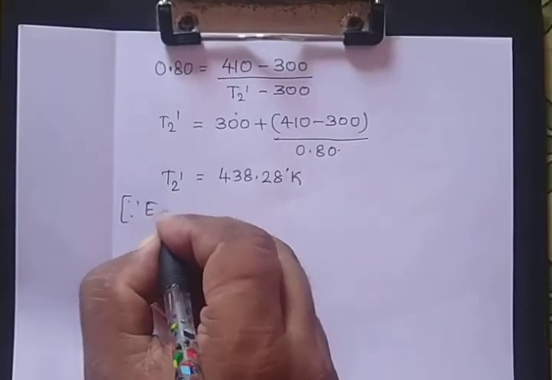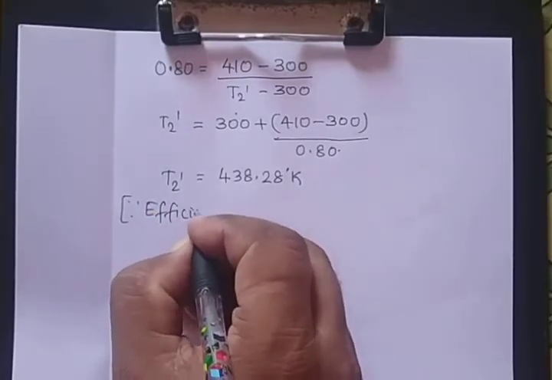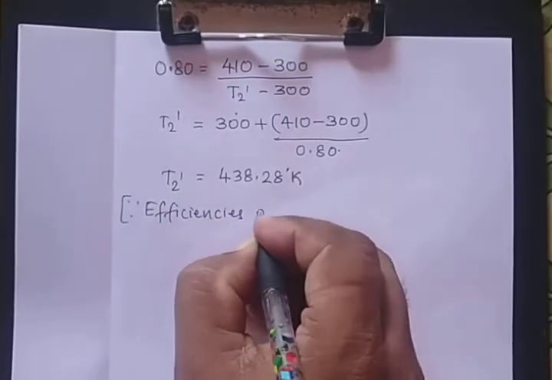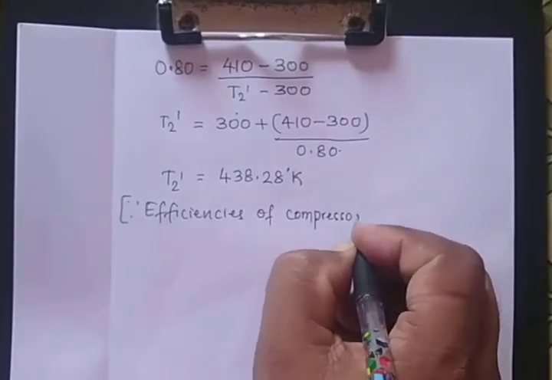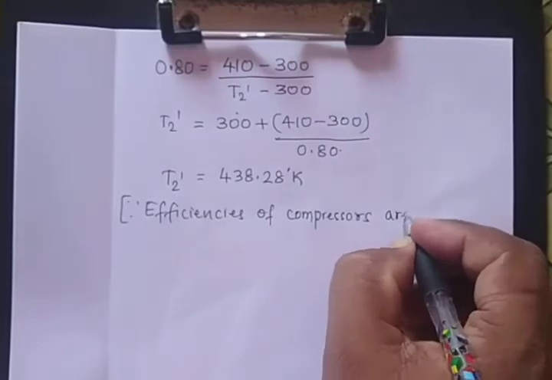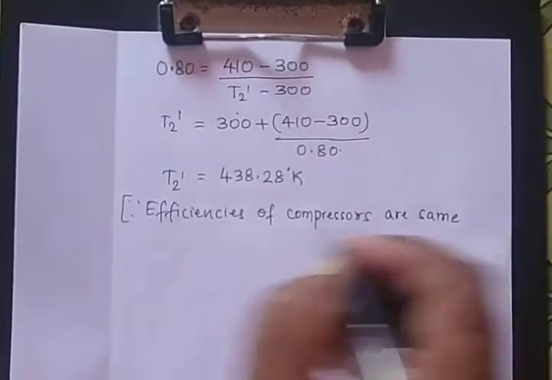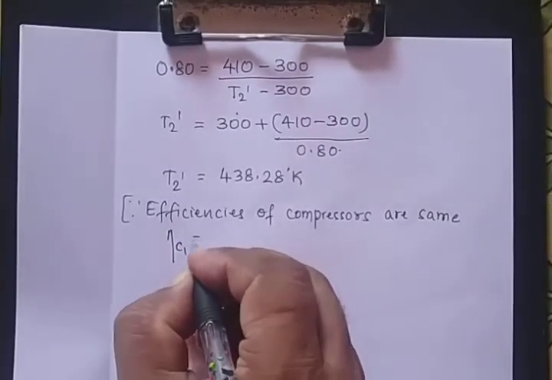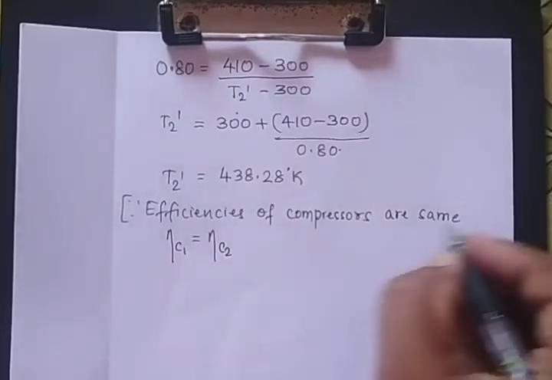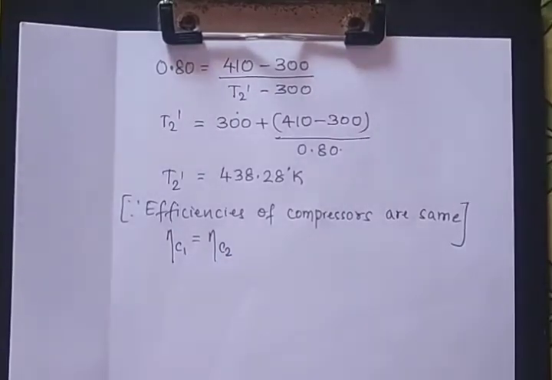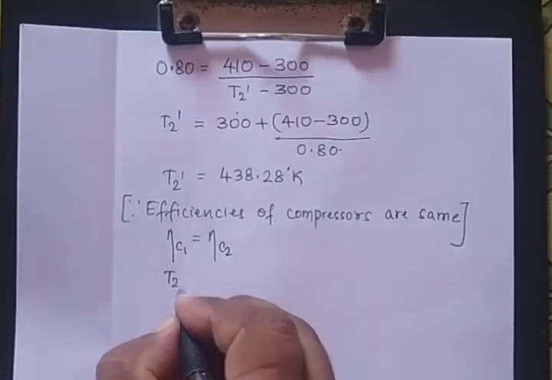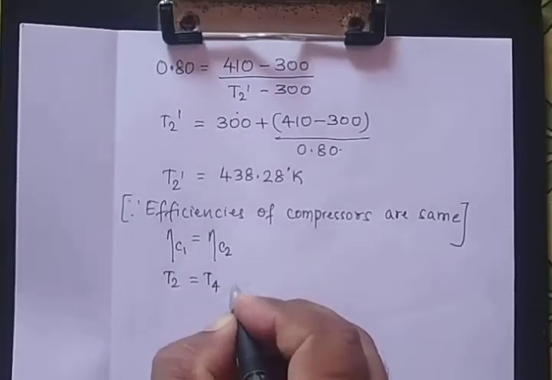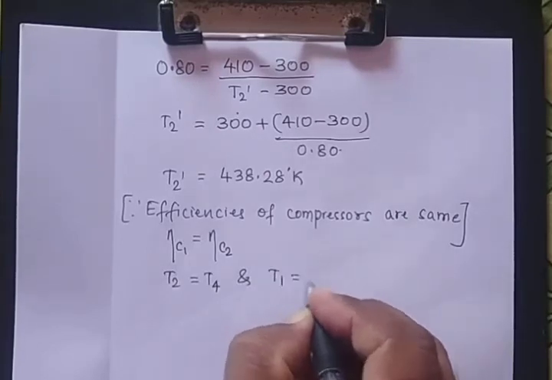Since the efficiencies of compressors are same, that is efficiency of compressor 1 equal to efficiency of compressor 2, and we have found out the value of T2, that is T2 is equal to T4 and T1 is equal to T3.